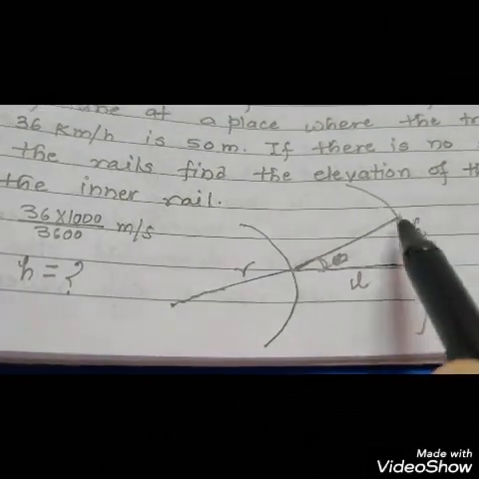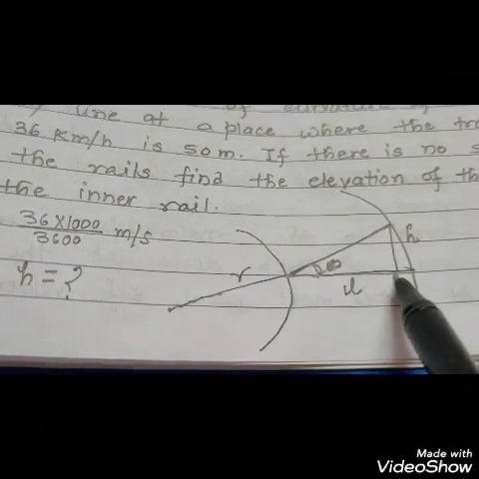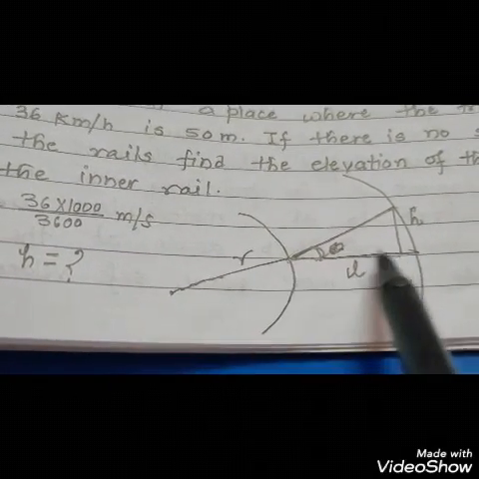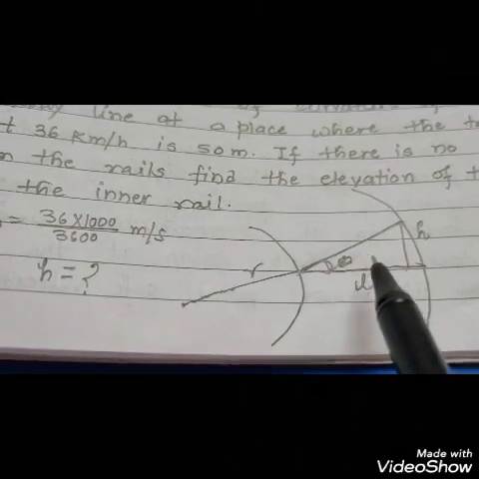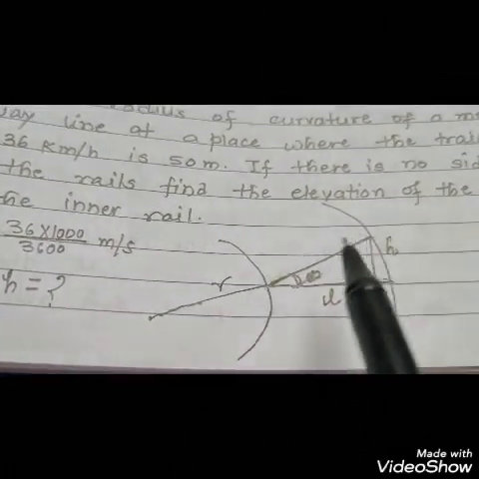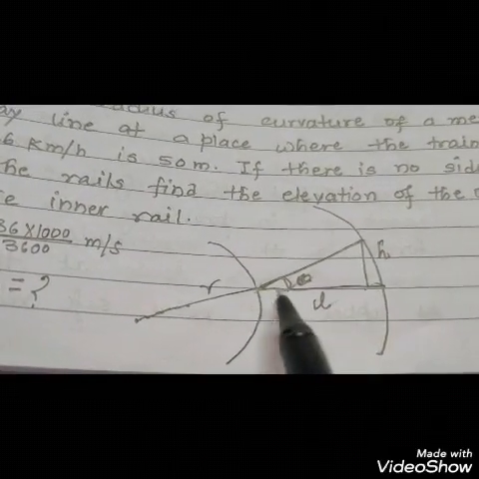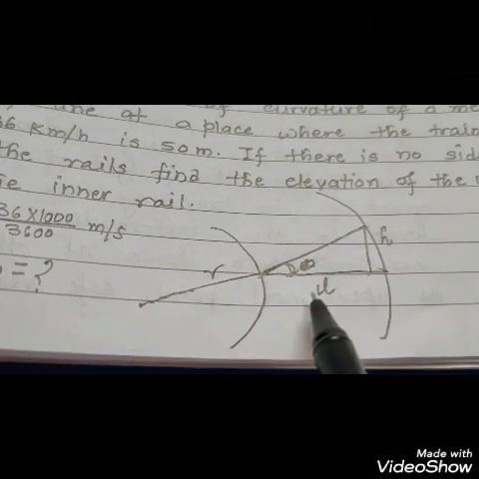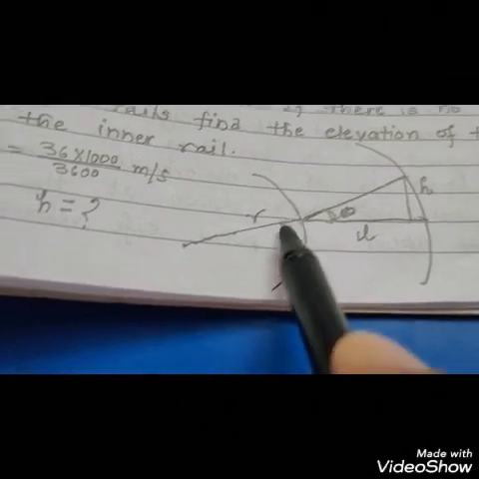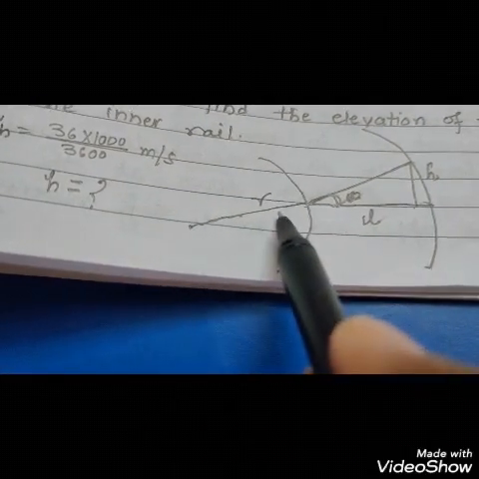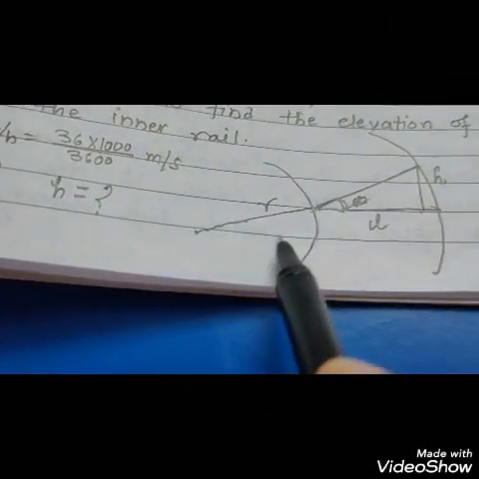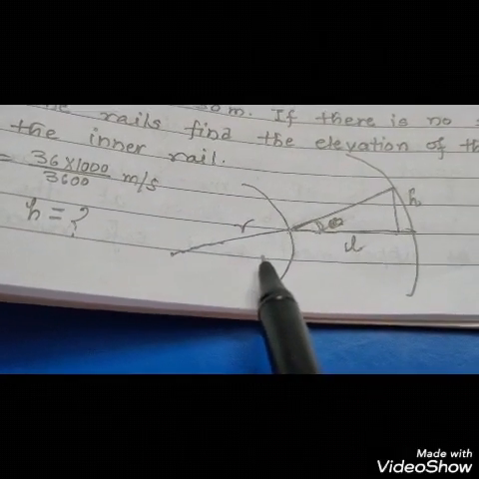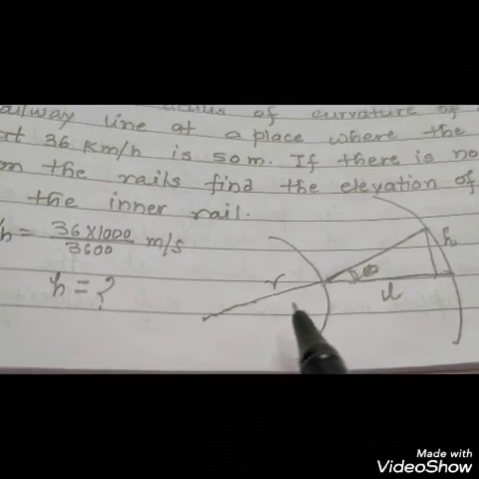So the height is h here, and we are taking this width as L, and it is already given a meter gauge. A meter gauge means this L, the length, will be equal to 1 meter, and this is the radius of curvature of the circular rail track in which the train is passing.